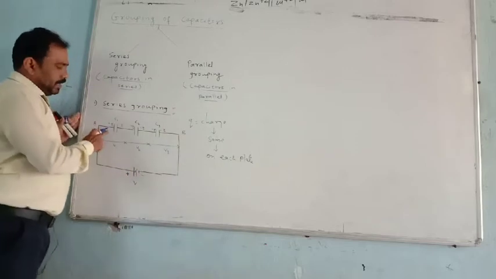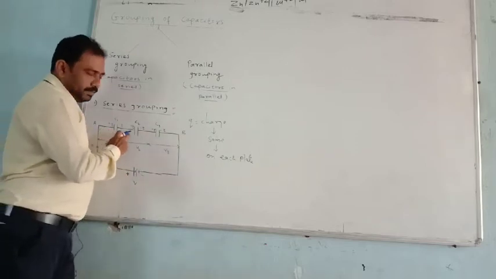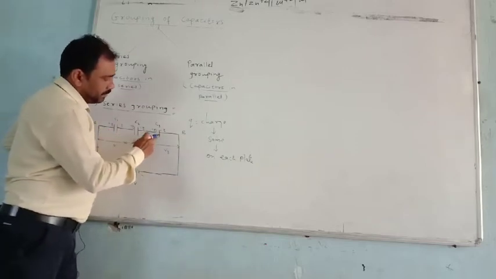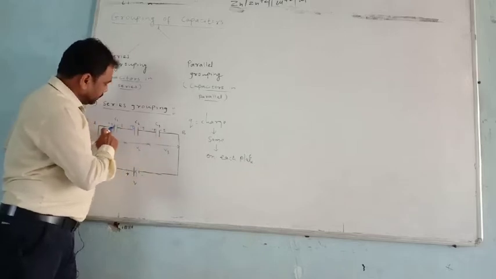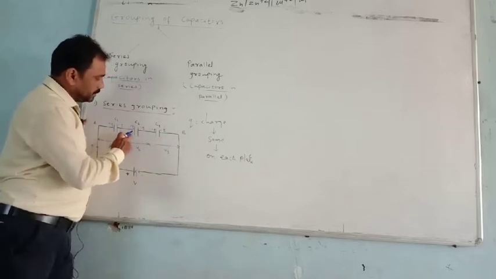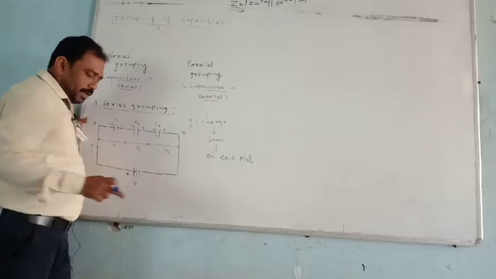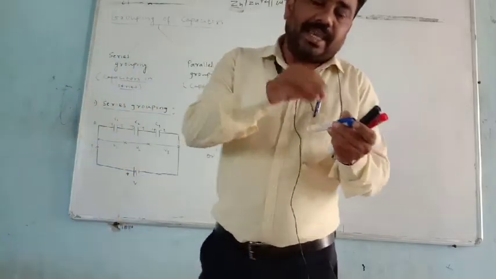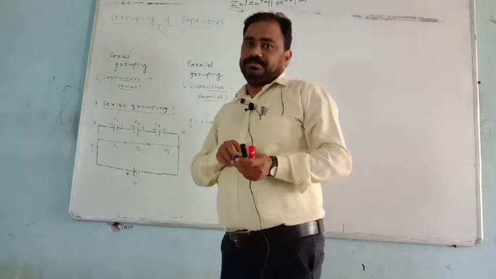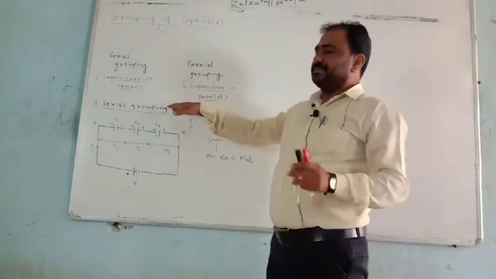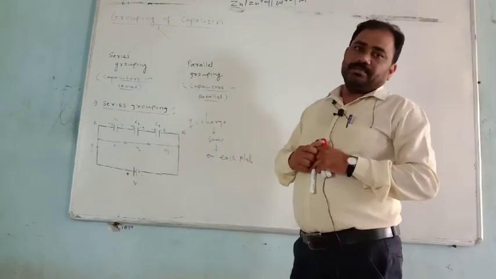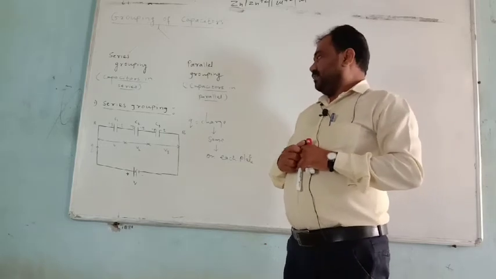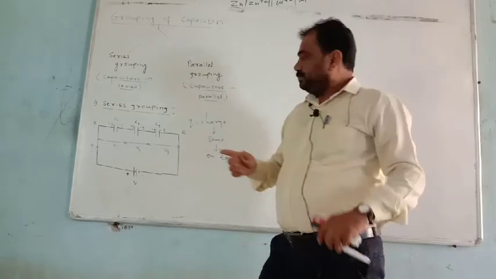See here, plus Q minus Q, plus Q minus Q, plus Q minus Q. So it indicates that the charge is the same on each plate. What is the meaning of series? In a series combination, which thing is important here?